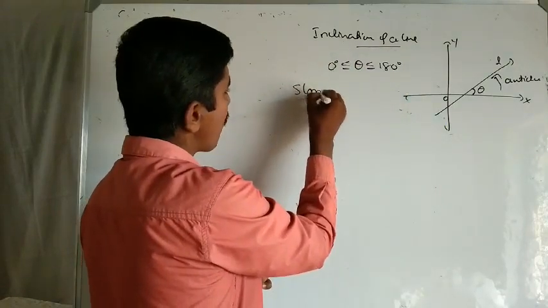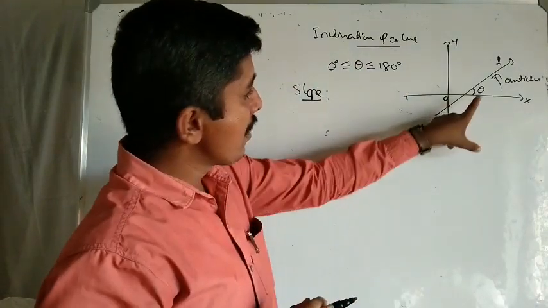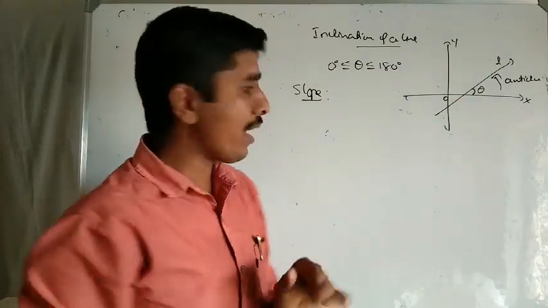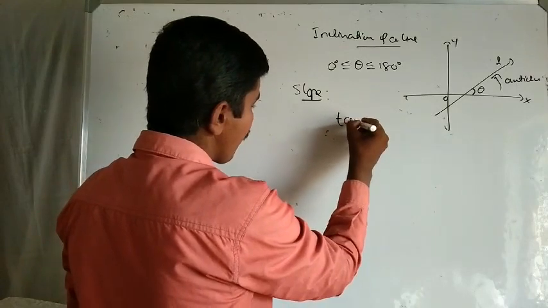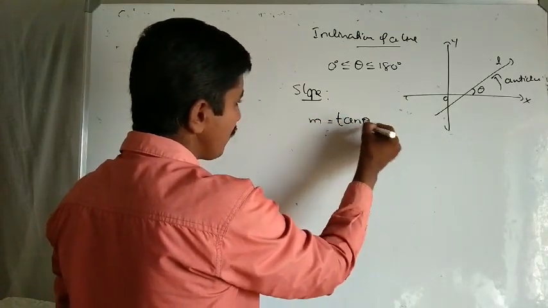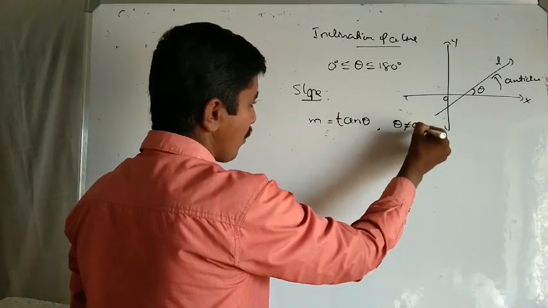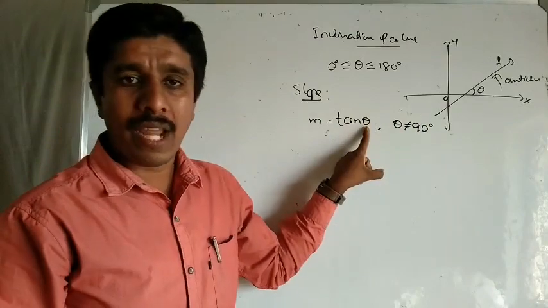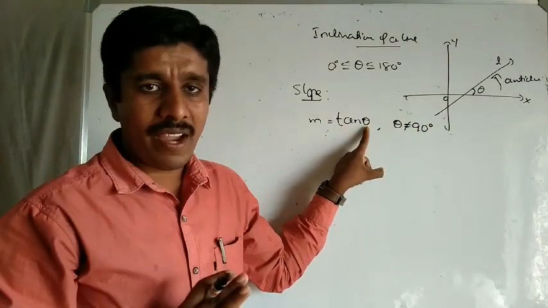Next, slope of a line. Theta is called the inclination of the line, then tan theta is called the slope of the line. It is denoted by small m, but theta is not equal to 90 degrees, because when theta equals 90 degrees, tan 90 is not defined.